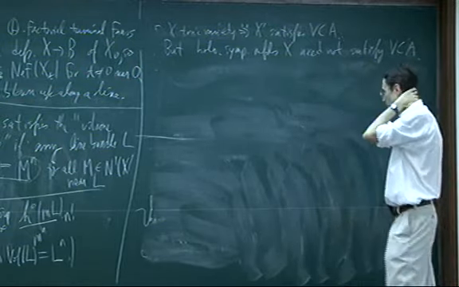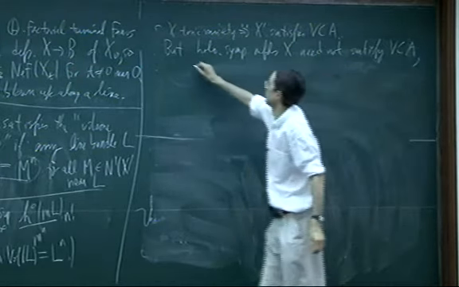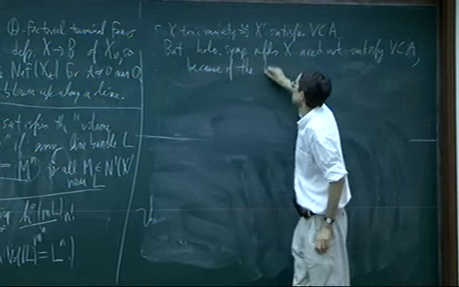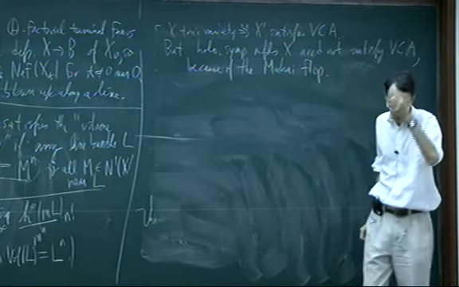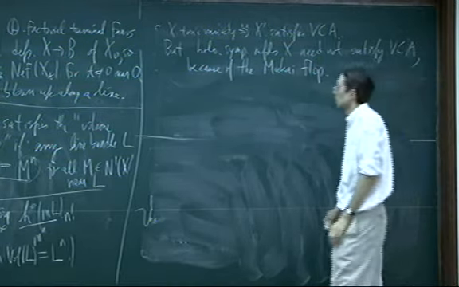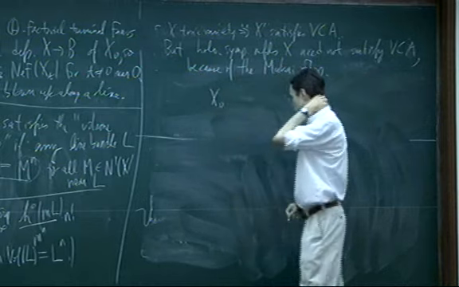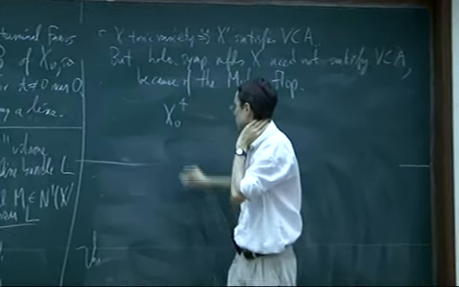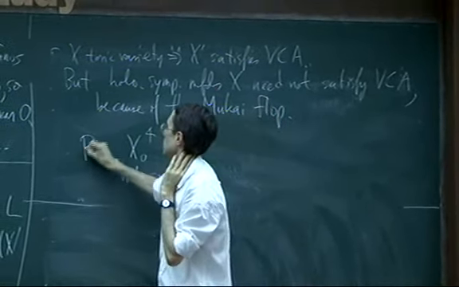Okay, and why not? It's because of the so-called Mukai flop. So, the following: suppose you have a holomorphic symplectic fourfold and suppose it contains a P2.